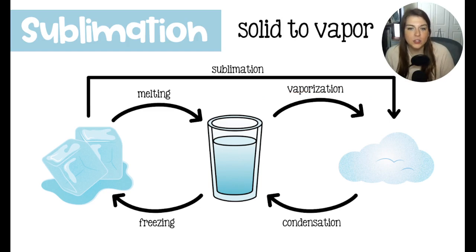Now, this one might be a little bit new. If you have a solid, you skip over liquid and go all the way to a vapor. That is called sublimation. If you have ever experienced dry ice, then you know what sublimation looks like. We call it dry ice because it is a solid. It skips over liquid and goes straight to gas.